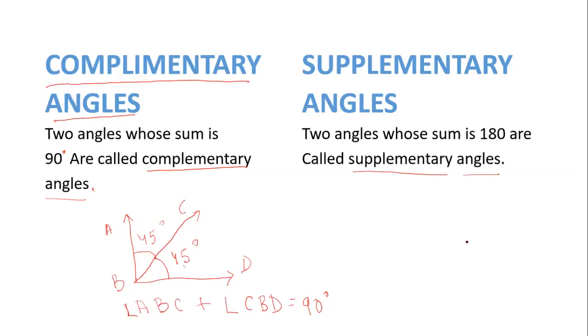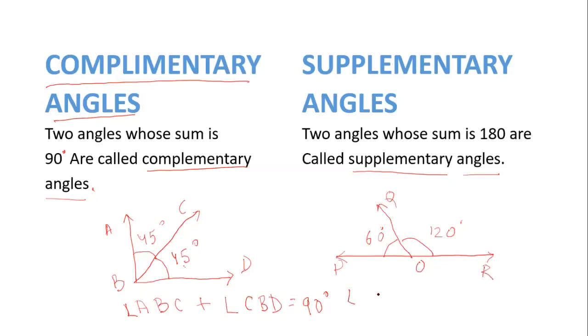Supplementary angles होते हैं two angles whose sum is 180 degree are called supplementary angles. Similarly, we can draw supplementary angles also. अगर यहाँ पर हमारे पास 60 डिग्री है और यहाँ पर 120 डिग्री है, तो these two form supplementary angles.